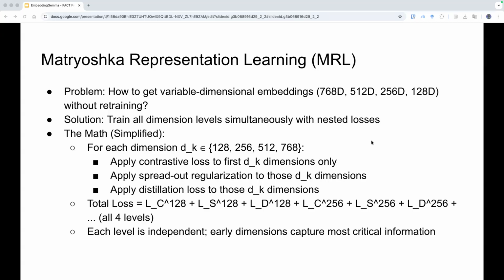Each level is independent, and the early dimensions capture the most. So is it like you have these four or five separate linear layers at the end, and you're training all of them together with the same base?